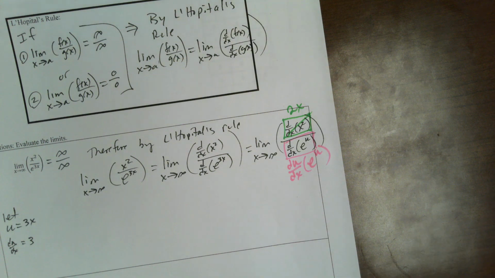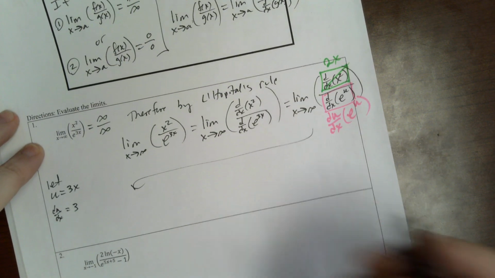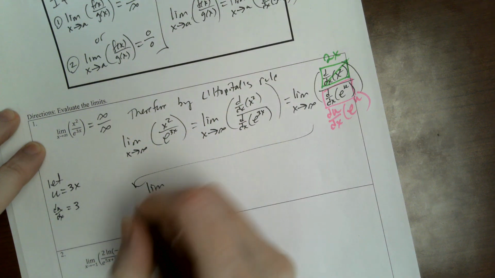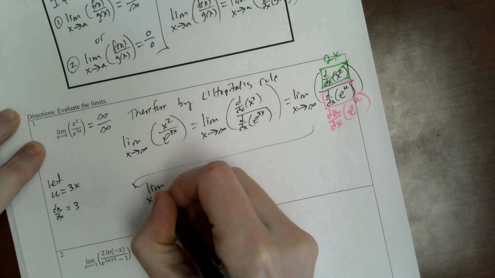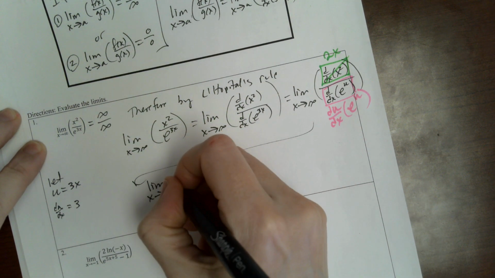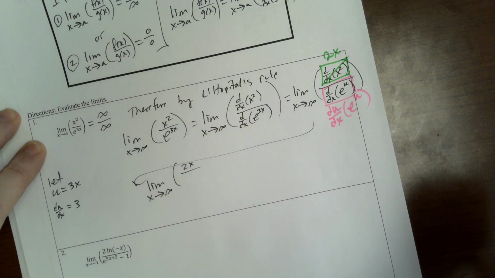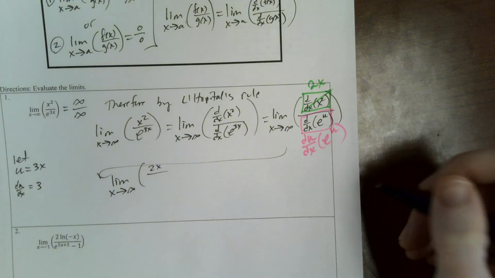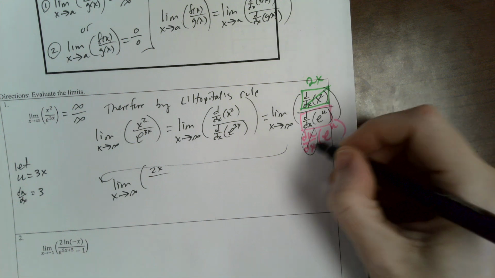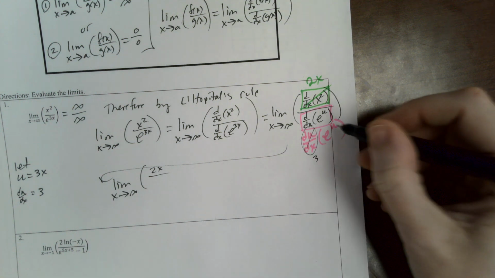Okay, so next line, I've got the limit as x approaches infinity of 2x over, okay, now du dx, I already found that off to the side, that's 3, okay?